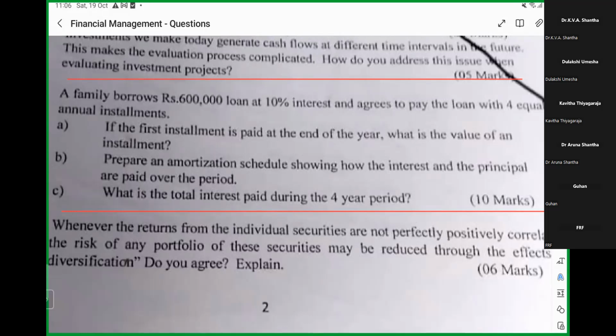You have to take the present value interest factor for annuity. Loan value 600,000, interest rate 10%, loan period 4 years.